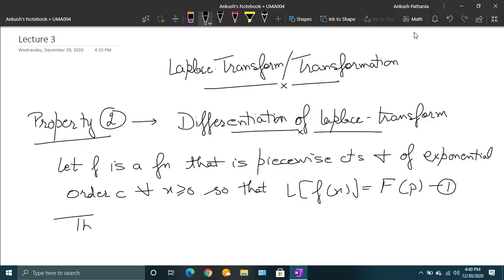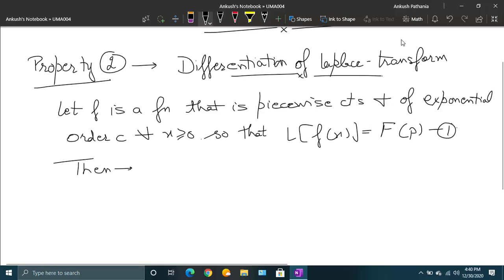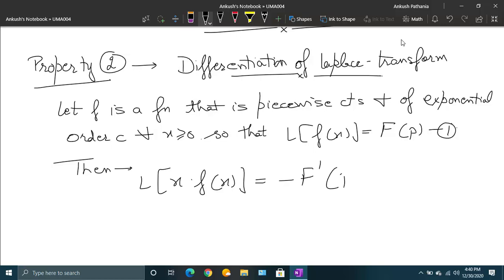Then according to this property number 2, if we are getting the Laplace of x·f(x), that is when f(x) is multiplied with x. Remember that in property number 1 we had f(x) multiplied by e^(ax). Now here f(x) is multiplied by x, and this is minus F'(p), that is minus the first derivative of F(p), where F(p) is the Laplace of f(x).